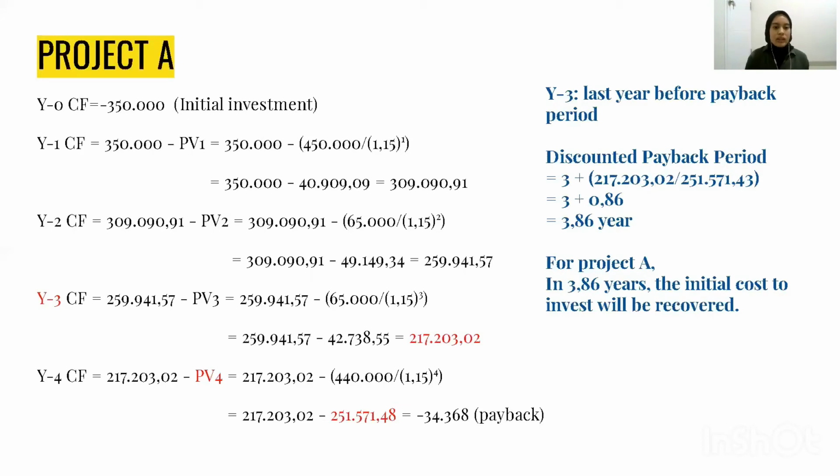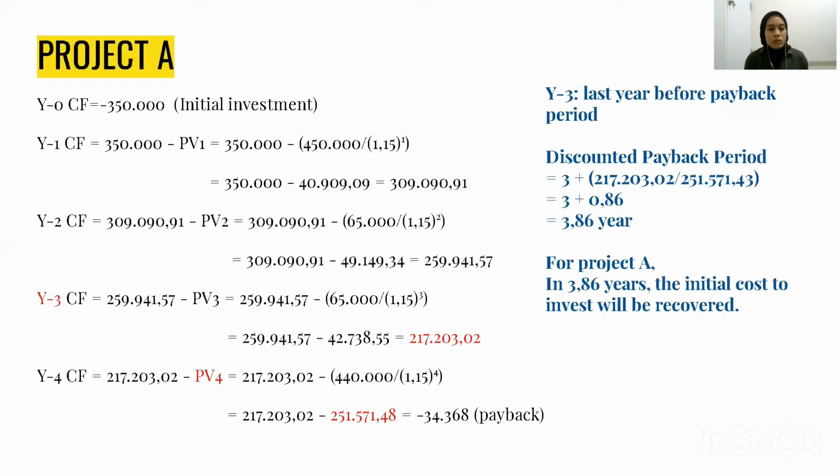It equals 309,000. In year 2, we have 309,000 minus PV2, the present value in year 2.